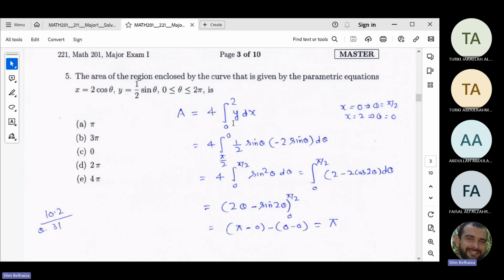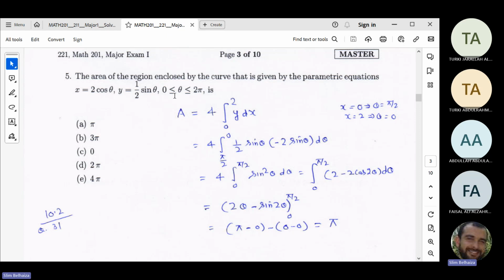Why do they integrate from 0 to 2 of y dx? Let's focus. When theta is equal to 0, x is at 2, because you have 2 cosine 0, which is 2. And y is at 0. So you are at the point (2, 0).